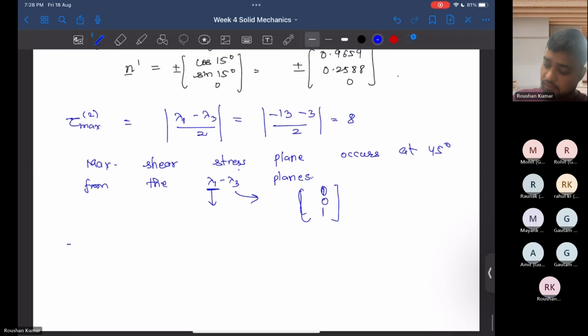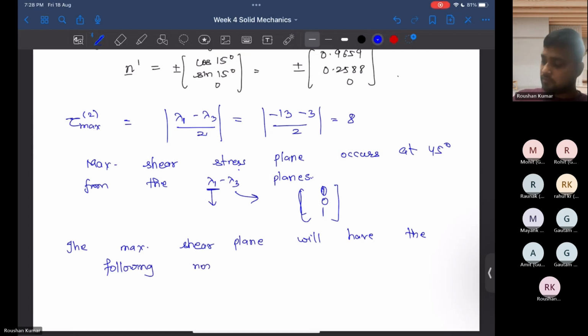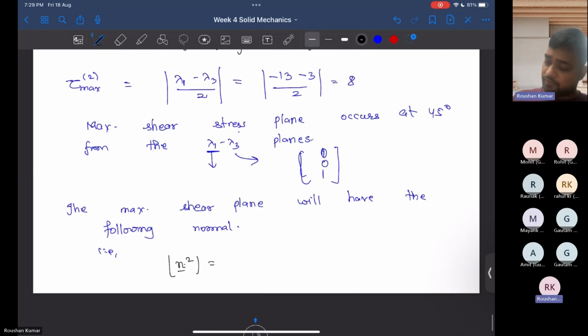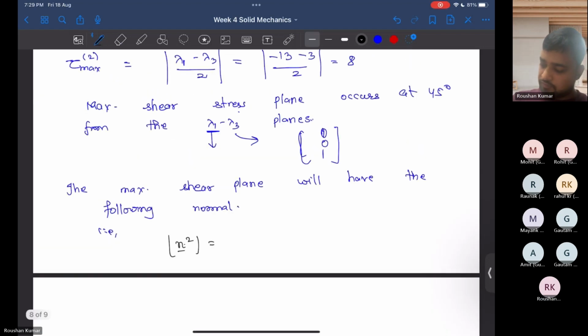So the maximum shear plane will have the following normal, that is N2 equal to 1 by root 2 times the sum.